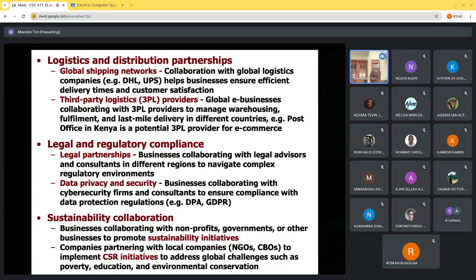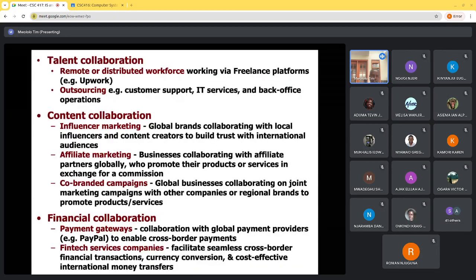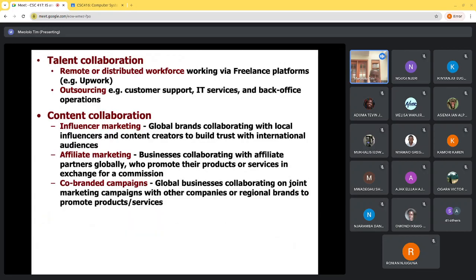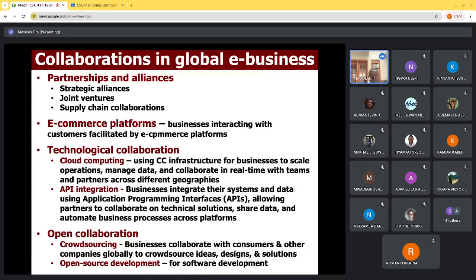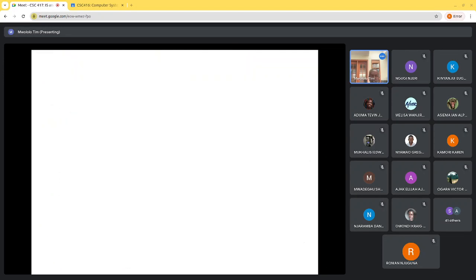Particularly with sustainability collaboration, there might not be a lot of e-components, but we can build e-components to some of these collaborations. So these are all forms of collaboration: sustainability collaboration, legal and regulatory, logistics and distribution partnerships, financial collaboration, content, talent, technological, open, and so on and so forth.